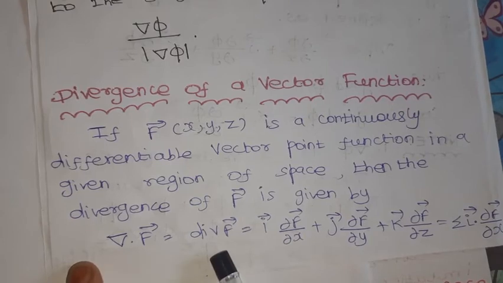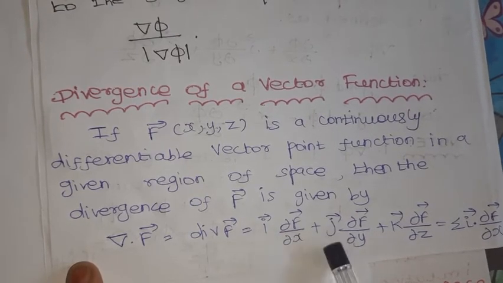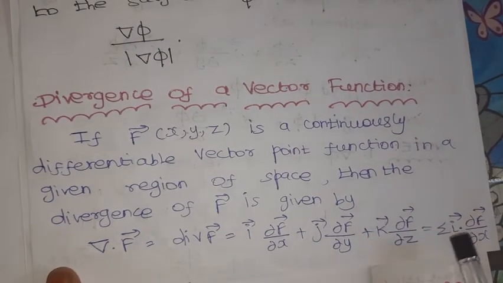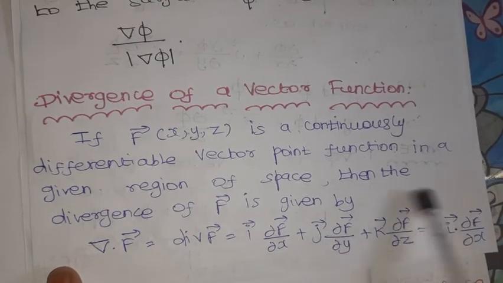Del dot f, or divergence f, is nothing but i into dou f by dou x plus j into dou f by dou y plus k into dou f by dou z, or in short we can write it as summation of i into dou f by dou x. This is the expansion.